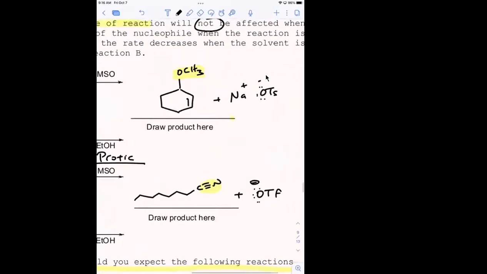Why does the rate not change if you start adding more nucleophile in? What do we know about the SN1 mechanism as it relates to the nucleophile? In other words, what's the rate law? If you know the rate law for SN1, then you can answer that question.